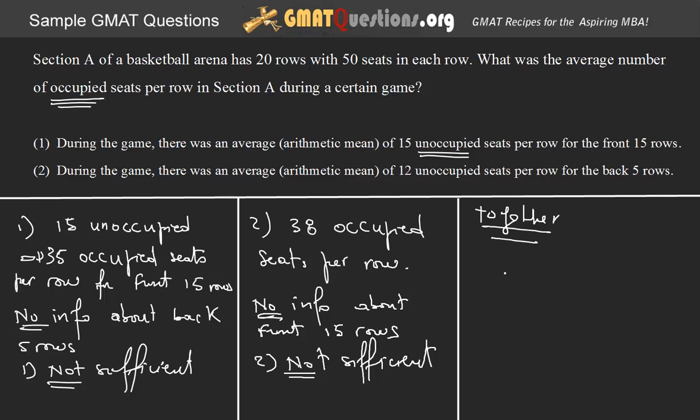Now, so far I haven't really written the average we are looking for, the weighted average. Maybe this is the time to do so. So I would call it the average occupied seats per row. Now that's okay to write all of this because this is going to be equal to, I hope you can read this.